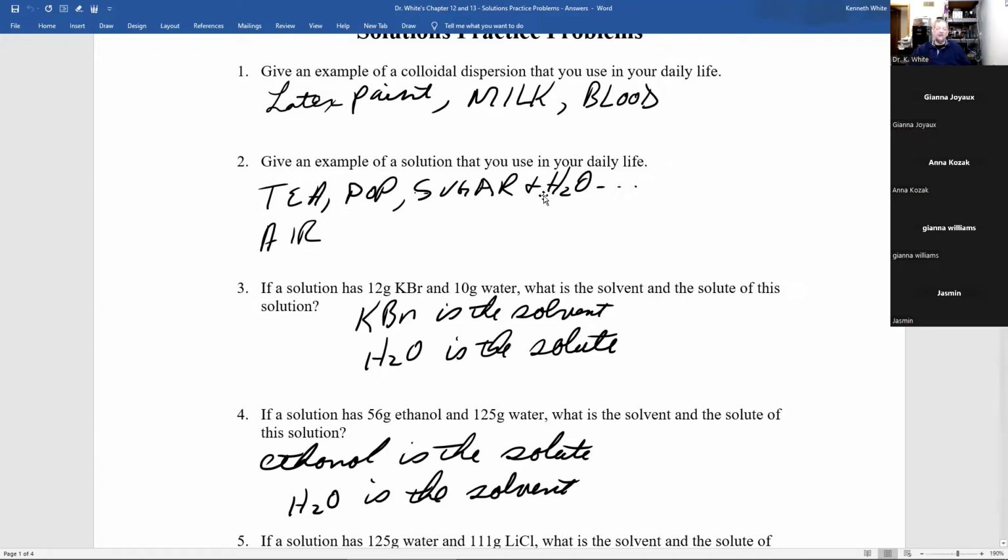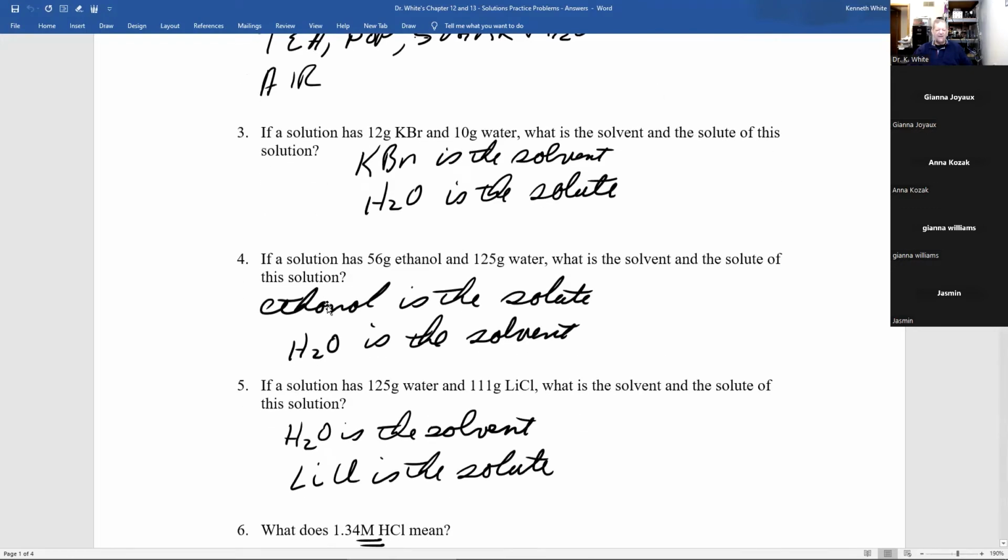Now, if you just put sugar and water together, that's a solution. Water alone is not a solution. And the air you're breathing is a solution. Now, number 3: if a solution has 12 grams of KBr and 10 grams of water, what's the solvent and the solute of this solution? The solvent is the component present in the greatest amount, and that would be KBr.